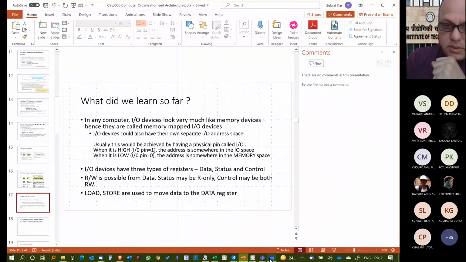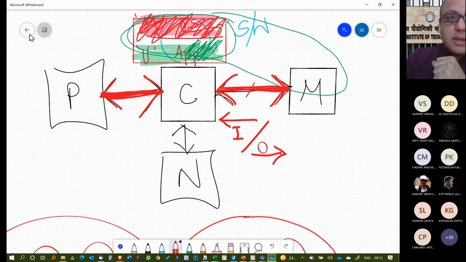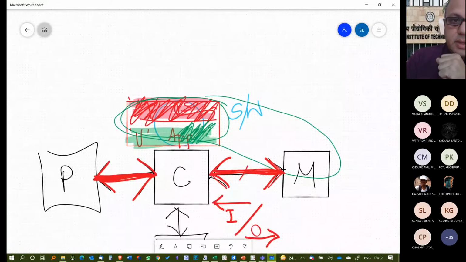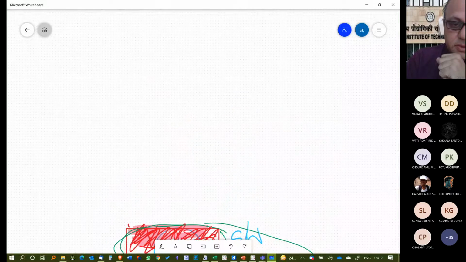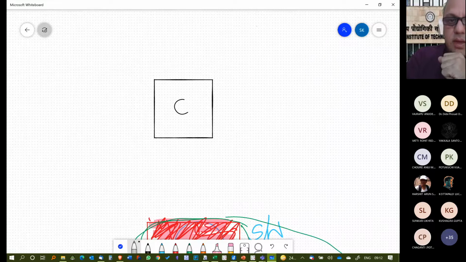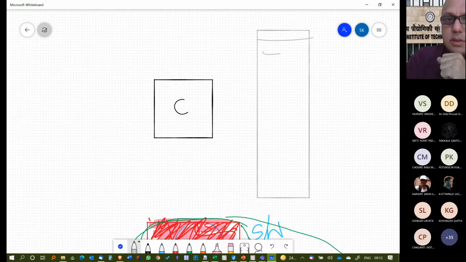So what I'm actually saying is, that's yesterday's drawing, and I'm going to send it to Professor Dogra, so I'll keep it. What we are saying is that if you have a processor, C, and you have a set of memory locations, I'll just draw it like this.